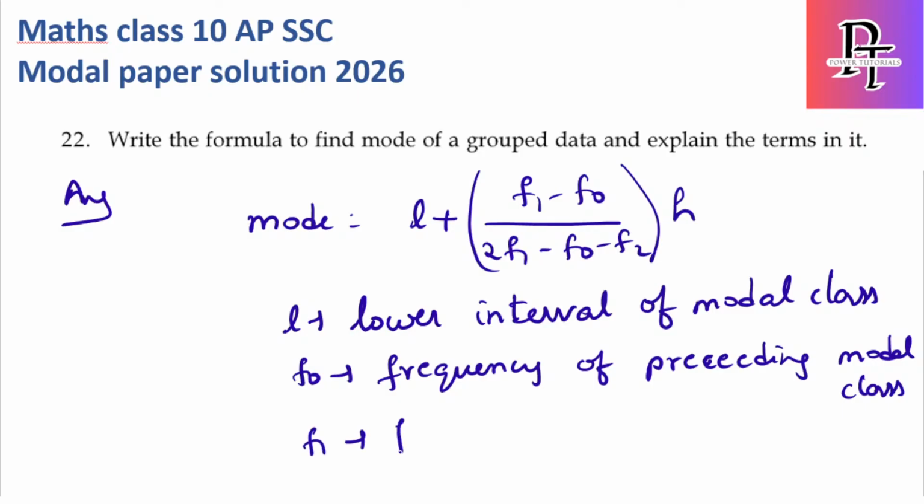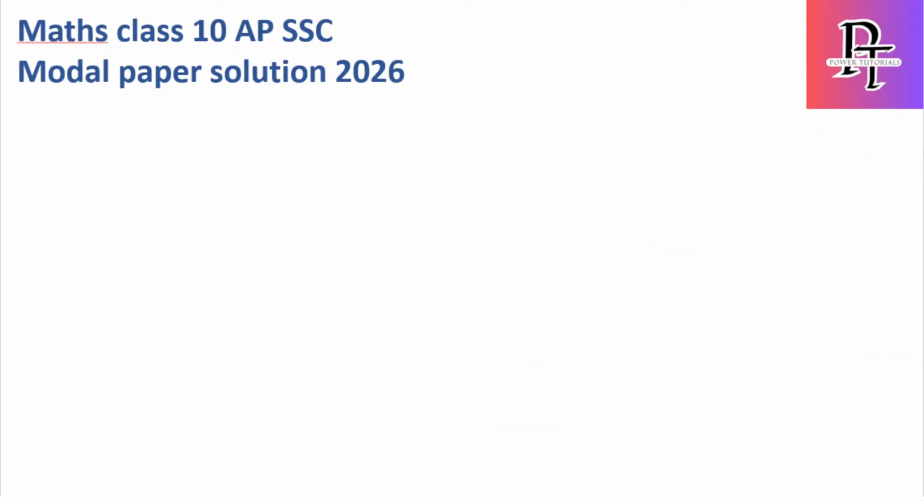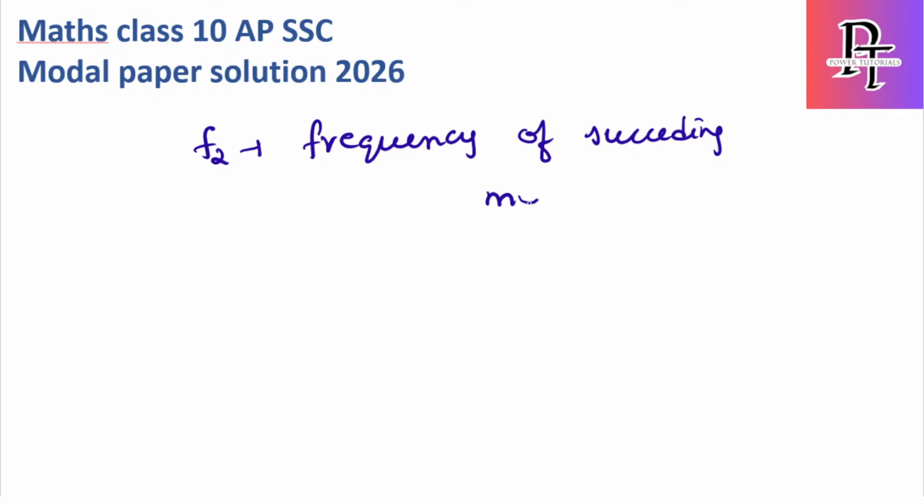F1 is the frequency of the modal class, and then we have F2, the frequency of the succeeding modal class, and H is the class interval difference. Okay, let's move to the next one.